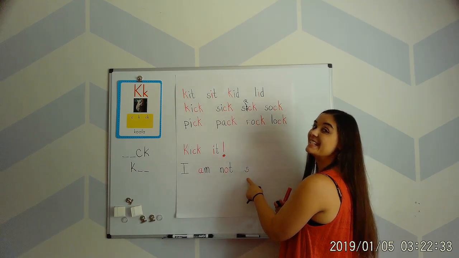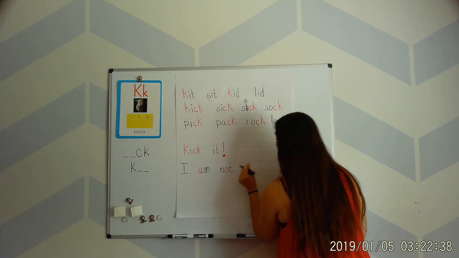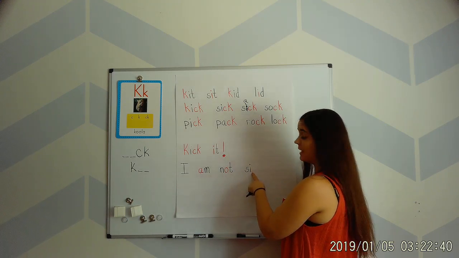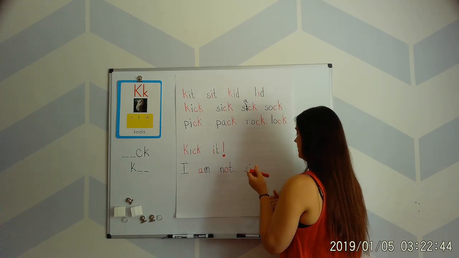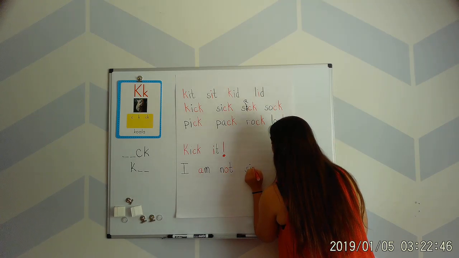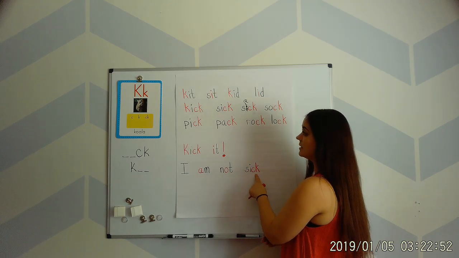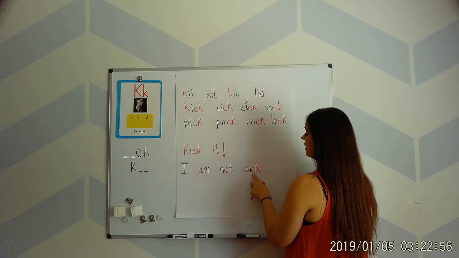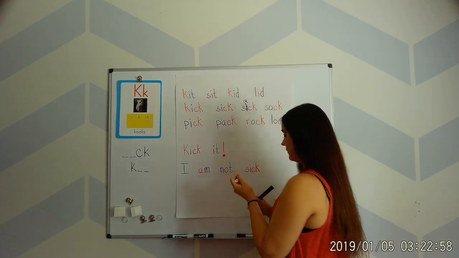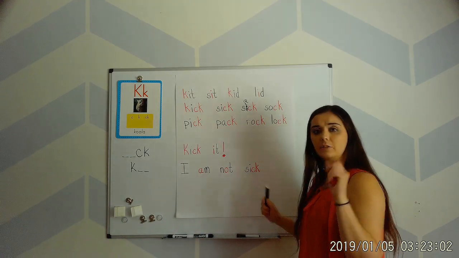S says s. I says sit. There's that CK at the end of the word, which says k, sick. All right, let's go ahead and read our sentence. I am not sick. Your turn.